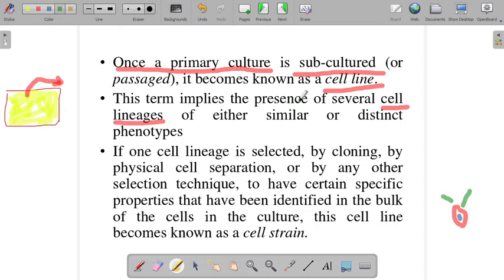It is dividing in 2 or 3 or 4, right? The 2 cells form, then after that the 4 cells form, right? Then 8 cells form. So whatever cells form, suppose we are now looking towards the 64th generation cells.